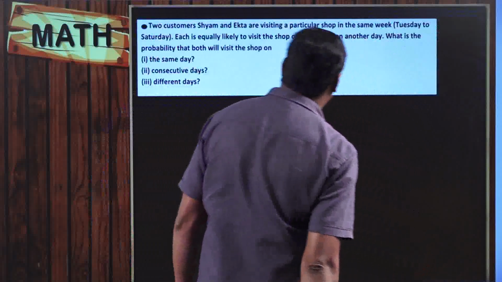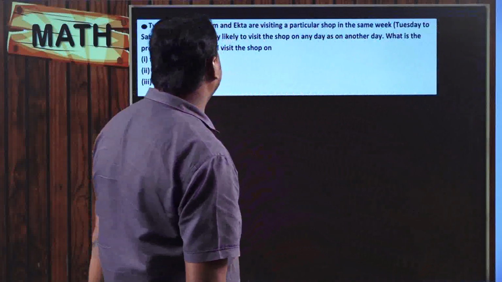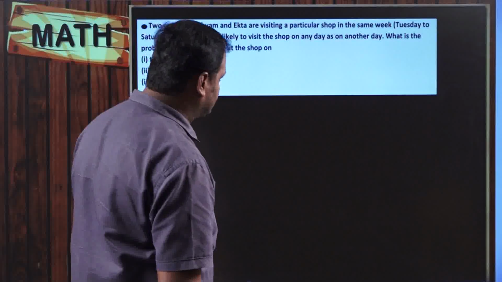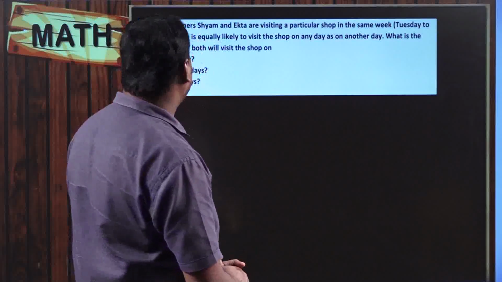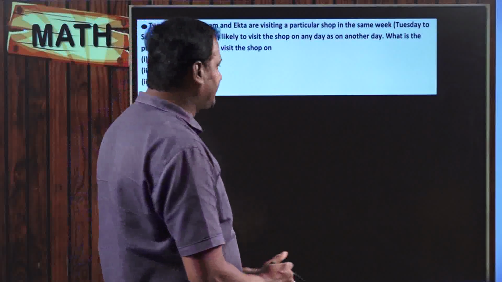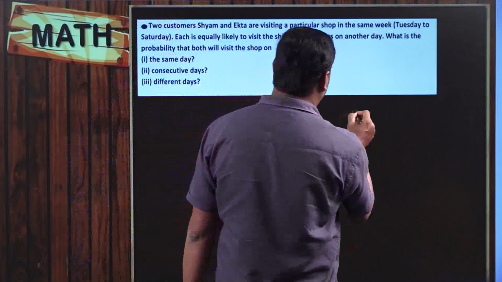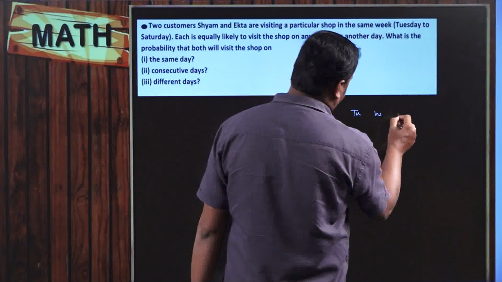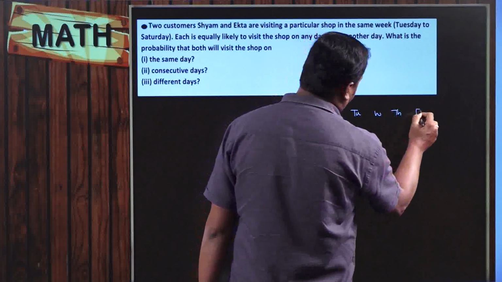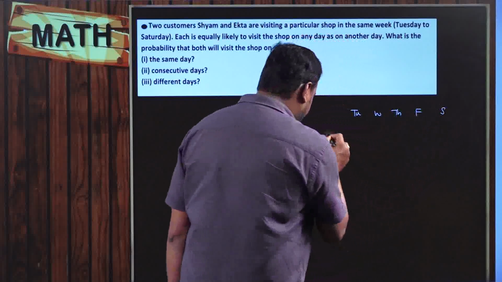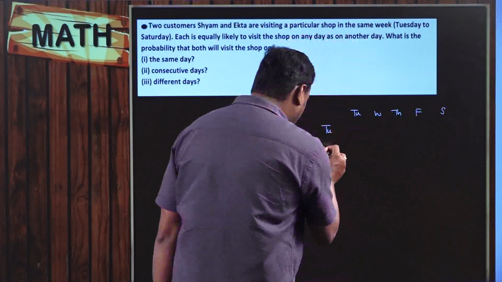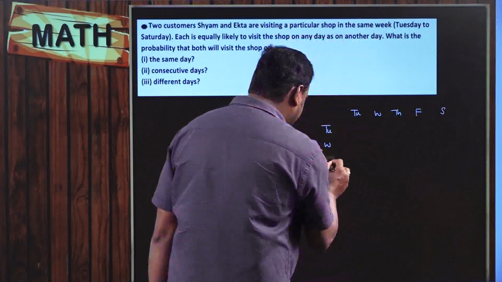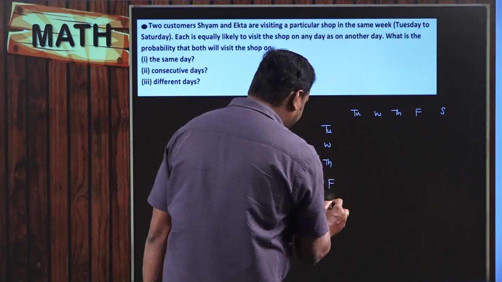And moving on to the next problem. Two customers, Shyam and Ekta, are visiting a particular shop in the same week, Tuesday to Saturday. Okay? Tuesday to Saturday: Tuesday, Wednesday, Thursday, Friday and Saturday. Here also Tuesday, Wednesday, Thursday, Friday and Saturday.